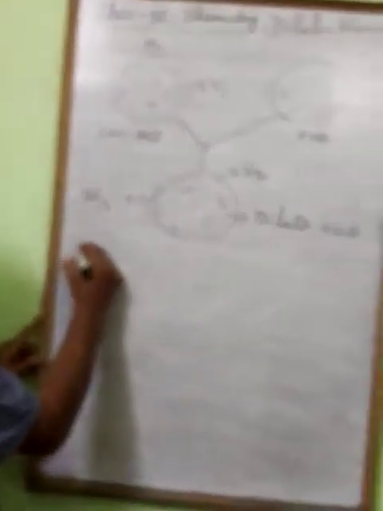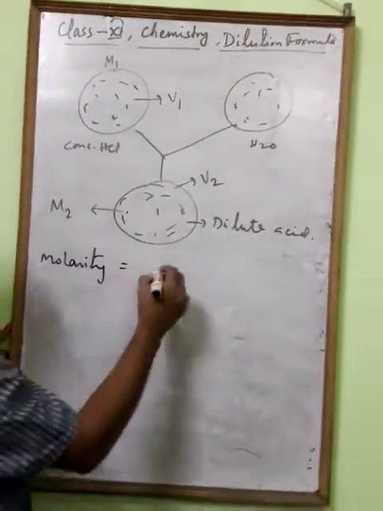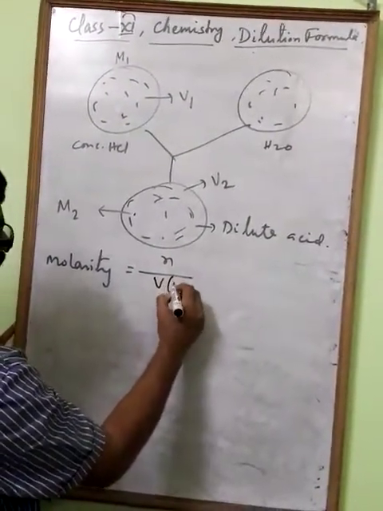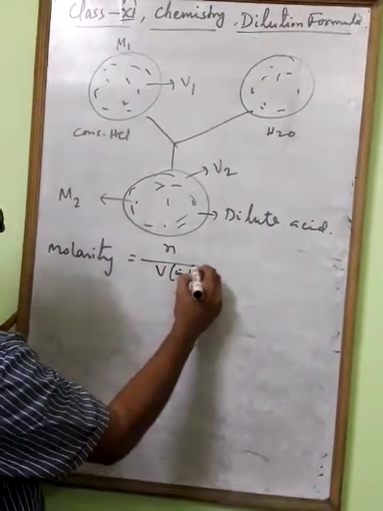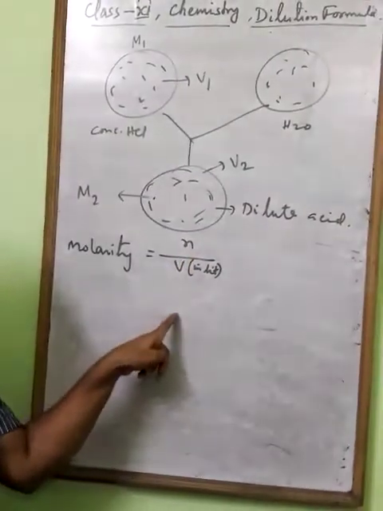We know molarity is equal to N by V in liters. Try to remember it. I told you molarity is number of moles per liter.